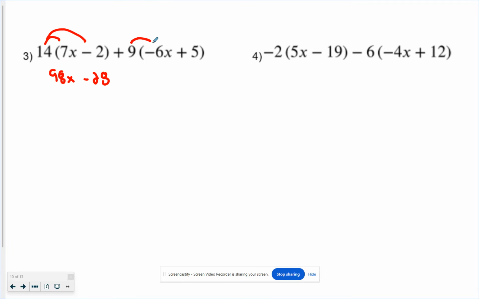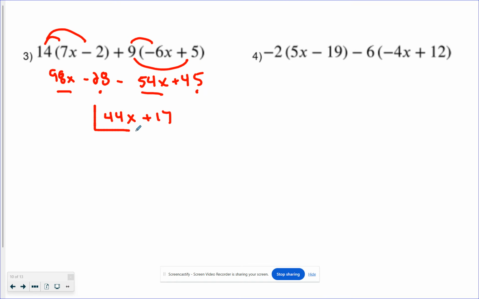And then we're going to do the same thing with 9. Distribute that through the parentheses. So you get minus 54x and plus 45. And then we're just going to combine like terms together. So we got 98x minus 54x, and you guys would end up with 44x. You got negative 28 and 45, which ends up with 17.